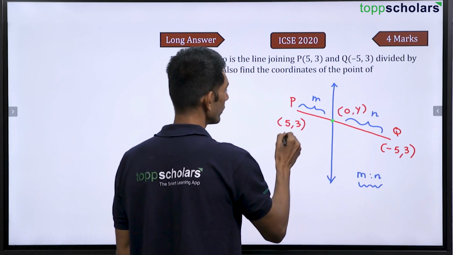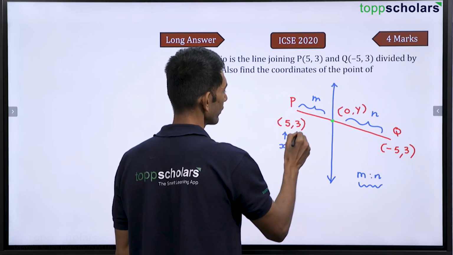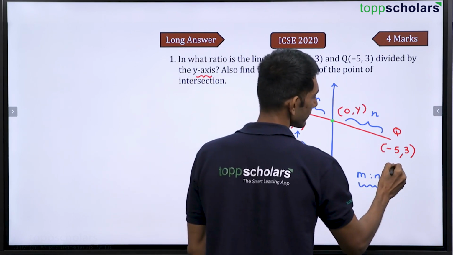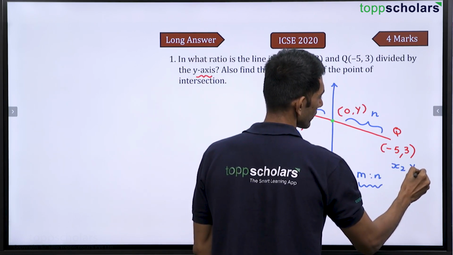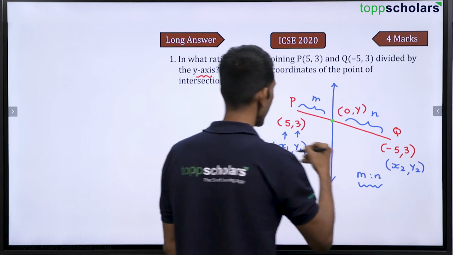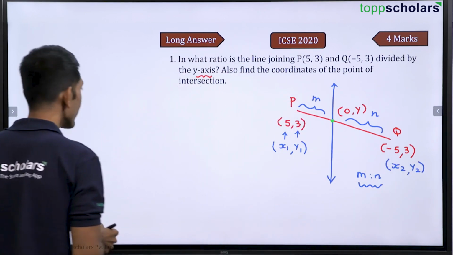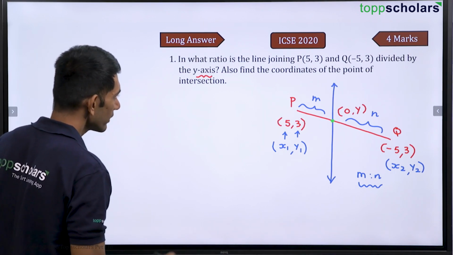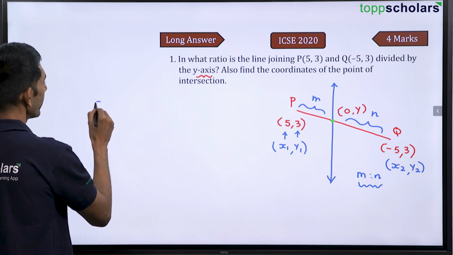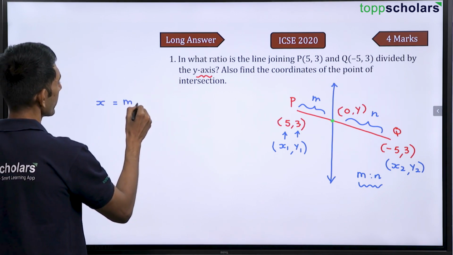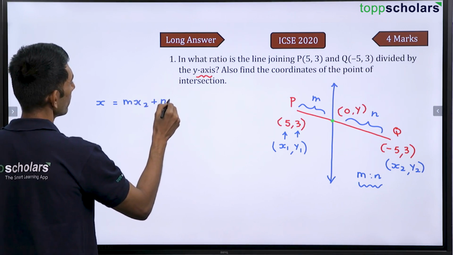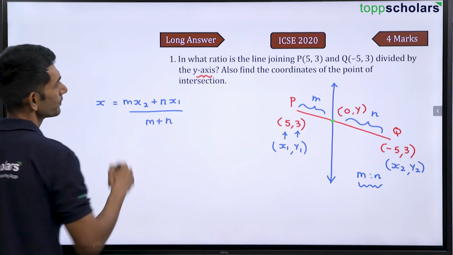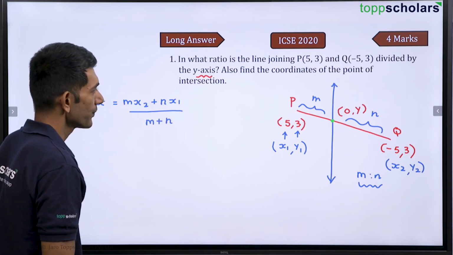So firstly what we can do is we can consider this as x1, this as y1, this as x2, this as y2. So we have x1, y1, we have x2, y2, right? Then we also know the formula, isn't it? We know that the formula for x is given by x = (mx2 + nx1)/(m + n).